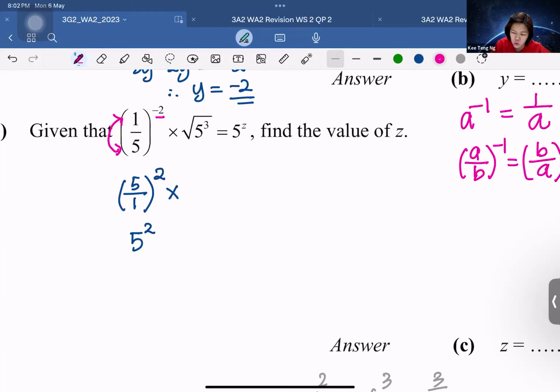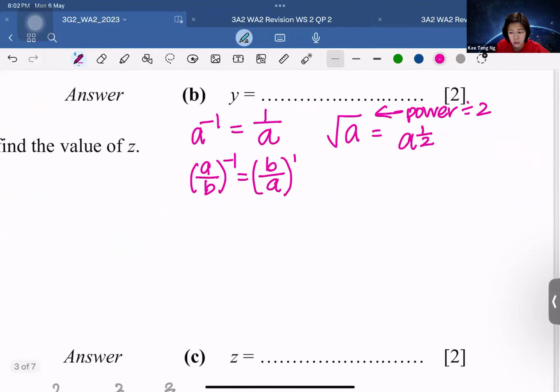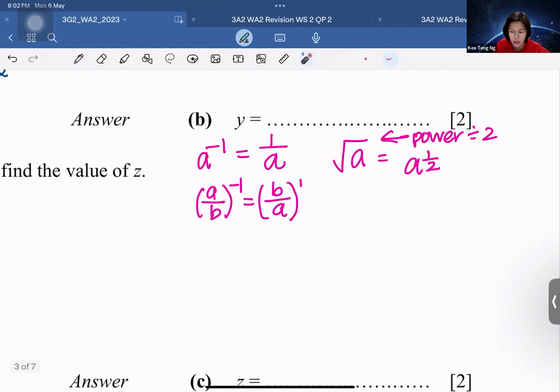Now, what is the square root symbol? What happens when you take square root? When you take square root, the power divides by 2. If you take cube root, the power will divide by 3.